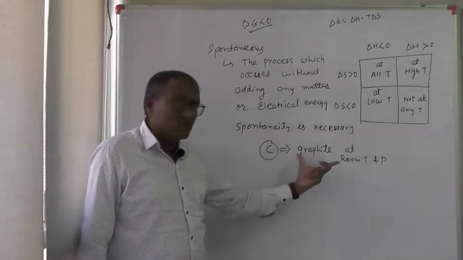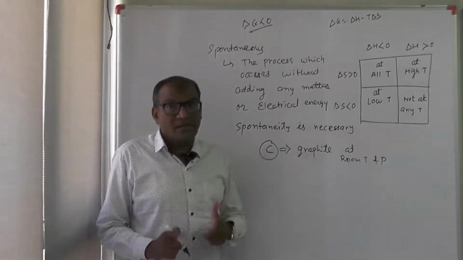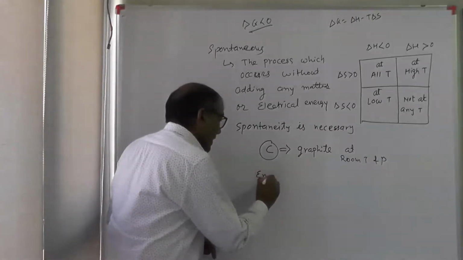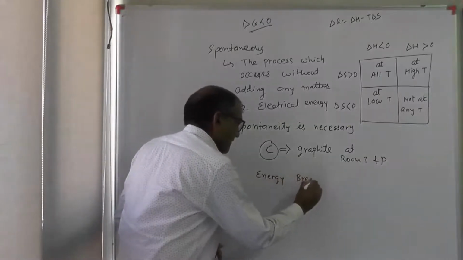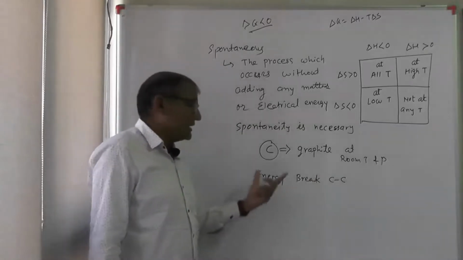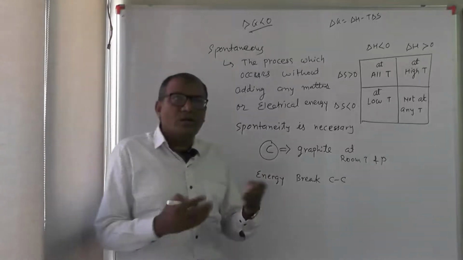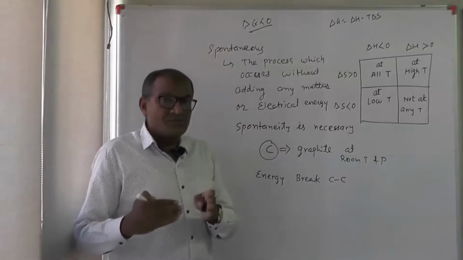So this is a spontaneous process, but this is not occurring actually, because you have to add some energy to break the carbon-carbon bond. If you add any energy, then it will break this bond. You will have to add something. So spontaneity is not sufficient.